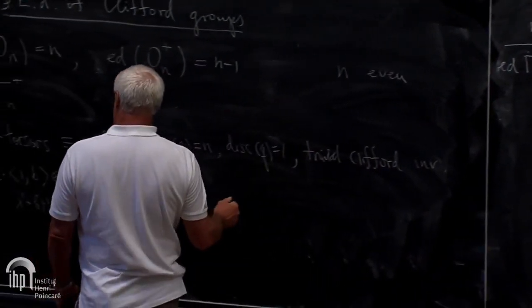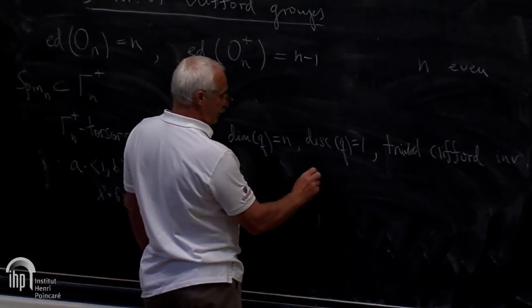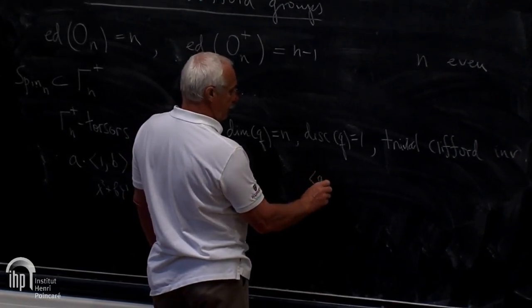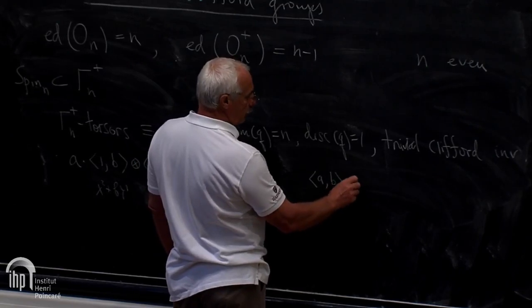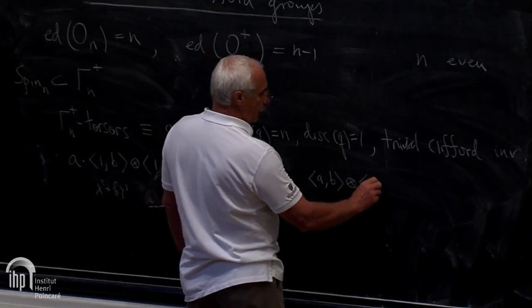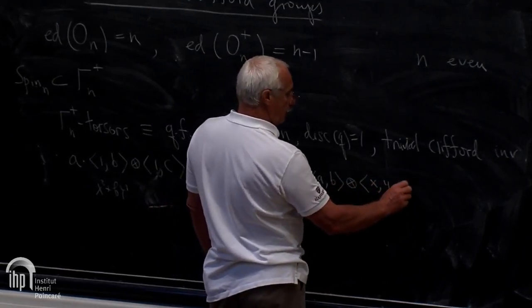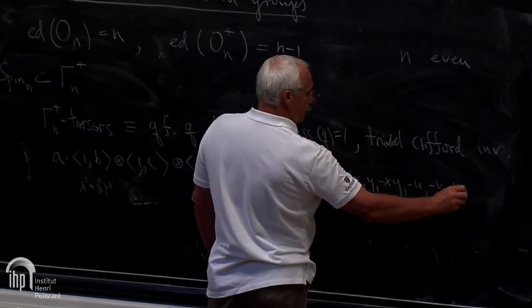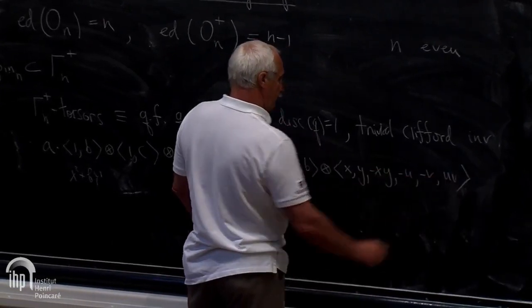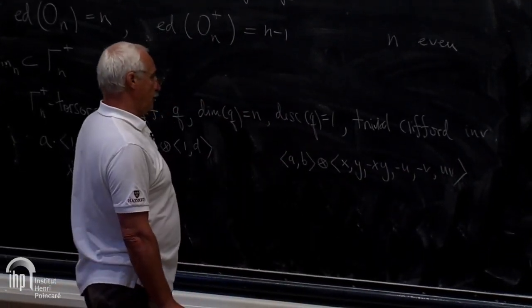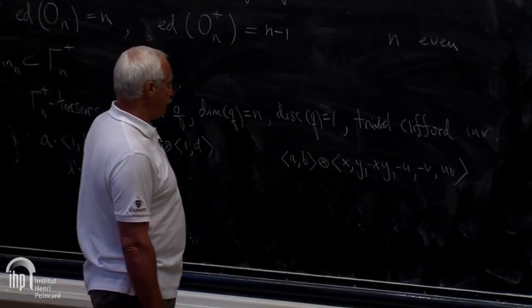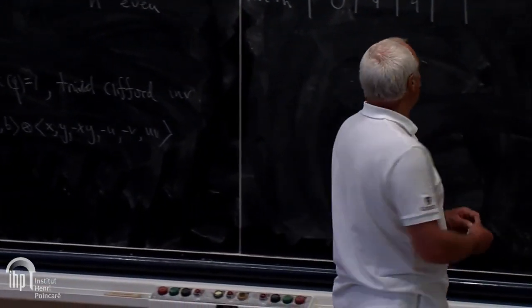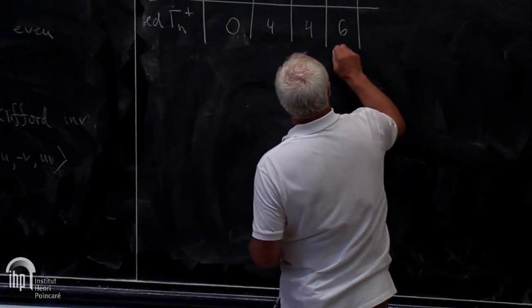Any form of dimension 12 is a scalar times the tensor product of a binary form <a,b> and the so-called Albert form, xy minus x'y' minus u v plus... And then you count the number of variables, you get 6, right? 6. So that's Pfister.